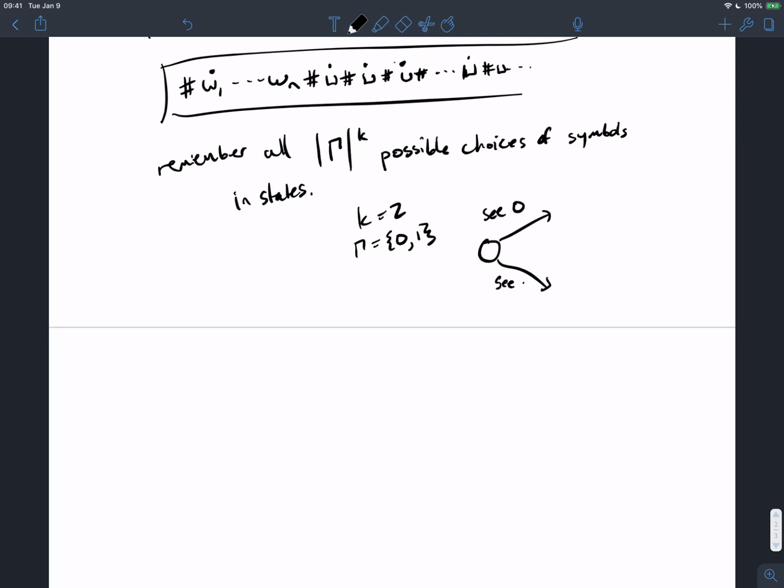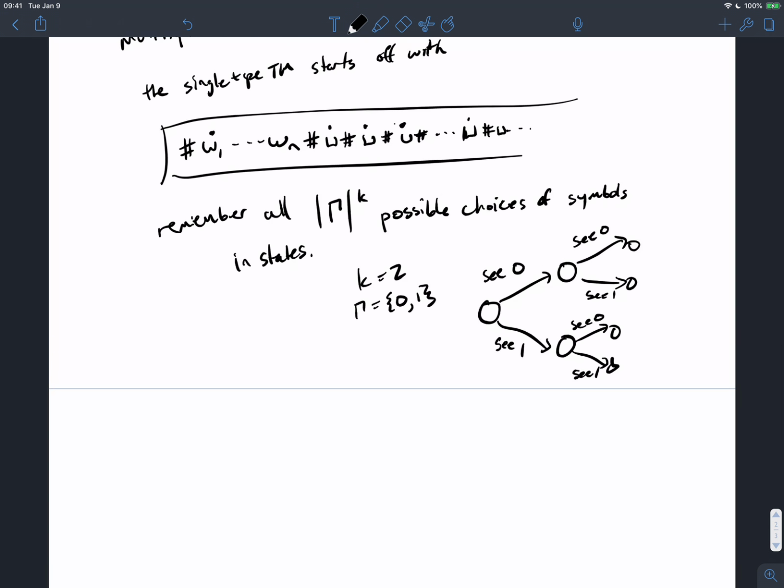If we see a 0 on one of them, we may see a 0 or 1 independently on the other tape. So again, we might see a 0, see a 1, see a 0, see a 1. And then we have 4 states. So if K is quite large, this will actually be quite a large number of states. But since it's finite, it actually will be entirely okay here.